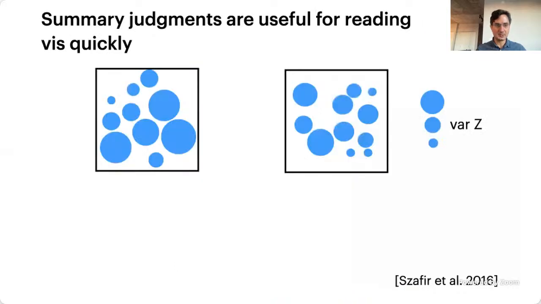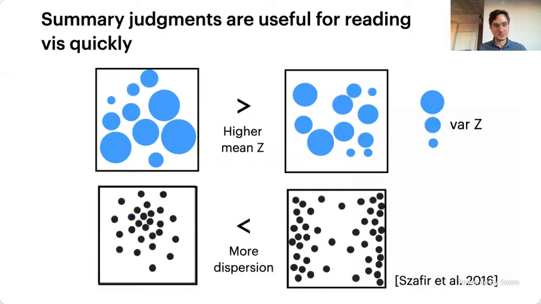And researchers have demonstrated a similar ability to make these kinds of gist assessments from visualizations. So I can quickly compare which of two charts, for example, exhibit higher mean with respect to this hypothetical variable z, or which visualization might reflect less clustering and higher dispersion. And these judgments can be made with very fast-acting visual processes that we are almost unaware of.